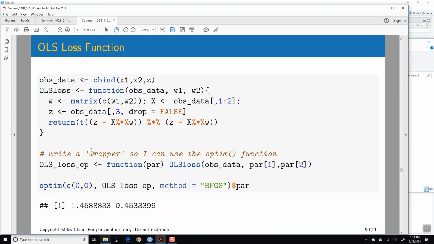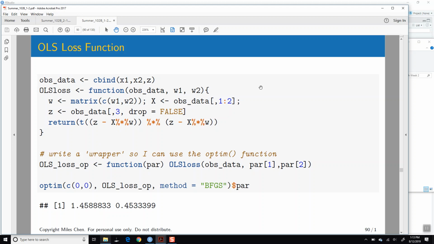What I can do is use this function called optim. The function optim will find the parameters that will minimize whatever function you're trying to optimize. So here I tell it the function that we want to optimize, this is called OLS loss, and what I've plugged in here is basically the sum of squares residuals.